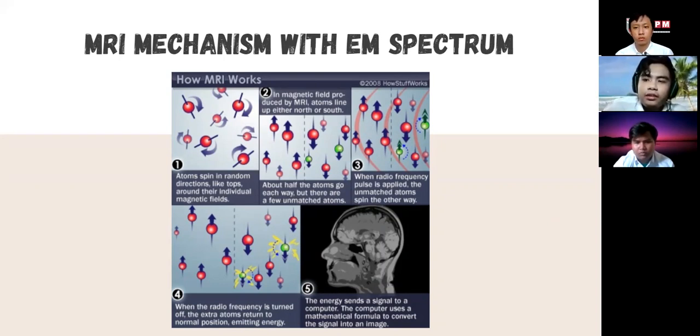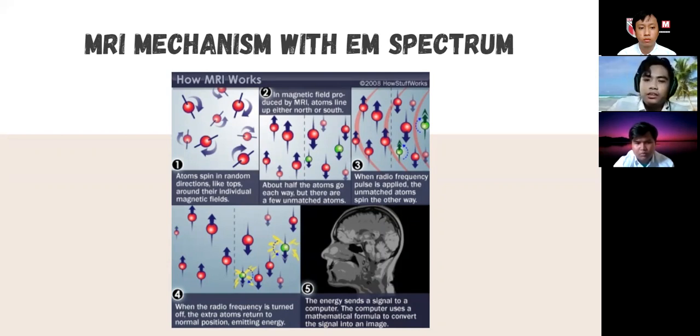When they are flipped, the radio frequency transmitter will turn off, and the protons will become aligned again with the original magnetic field. When they go back to the magnetic field, it is called relaxation time.